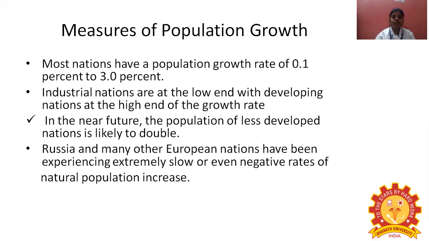In the near future, the population of less developed nations is likely to double. Russia and many other European nations have been experiencing extremely slow or even negative rates of natural population increase.